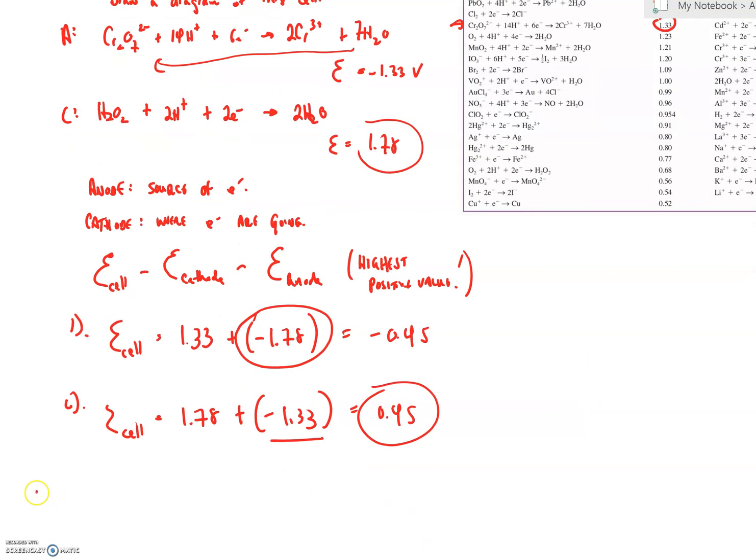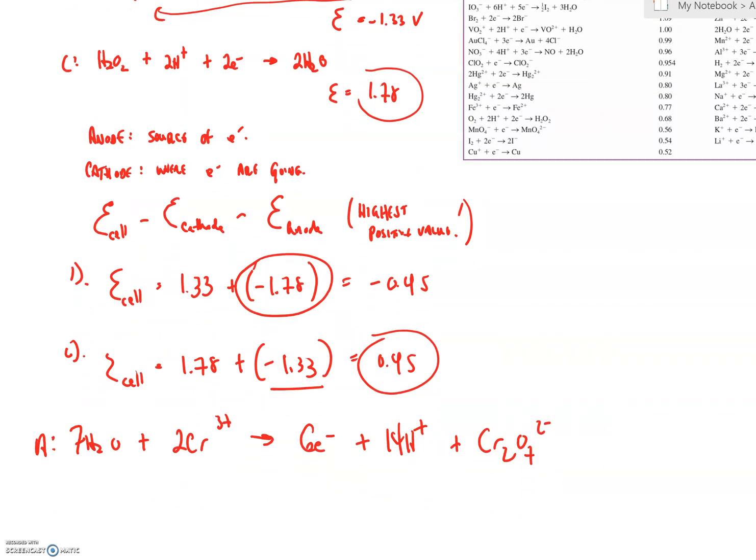Flipping it backwards, we'll make our anode 7H2O plus 2Cr3 plus yields 6 electrons plus 14H plus and Cr2O7 2 minus. The other one, which we are not going to run backwards, is going to be our cathode, and this is where the electrons are going: H2O2 plus 2H plus 2 electrons yields 2H2O.